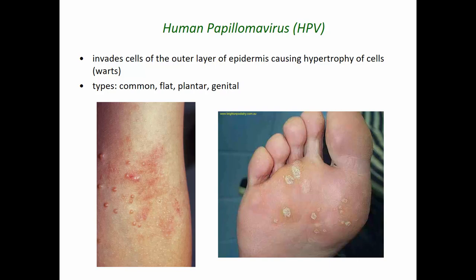These are usually salicylic acid, and you drop the acid on the skin, and it gradually kills the skin and the tissue and the virus underneath. A really simple method is actually duct tape. If you put duct tape over top of the wart, and it needs to stay on for a longer period of time, so maybe about 1 to 2 weeks, it will actually also kill the skin underneath and kill the wart.